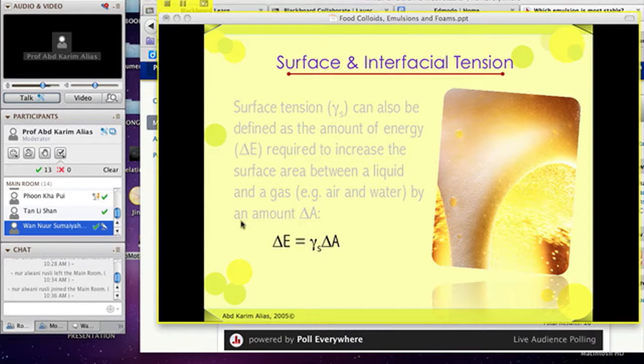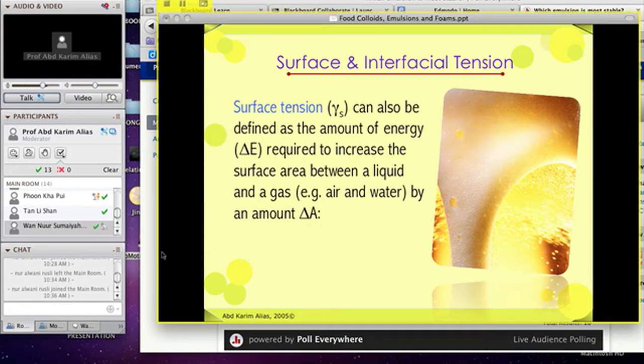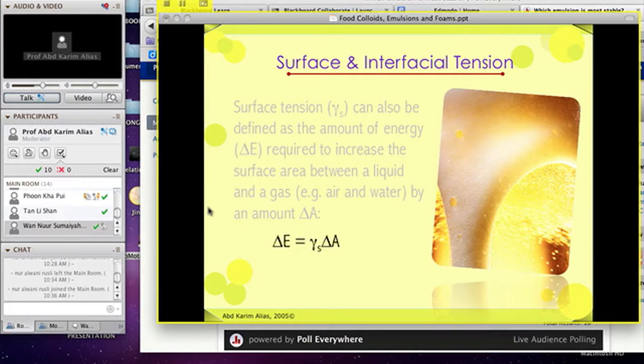Okay, why do we define surface tension as the amount of energy required to increase the surface area? Because we need energy to break or to disperse one phase into another phase. How do we supply this energy?